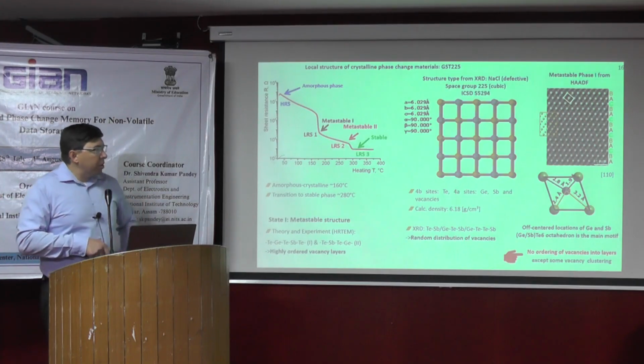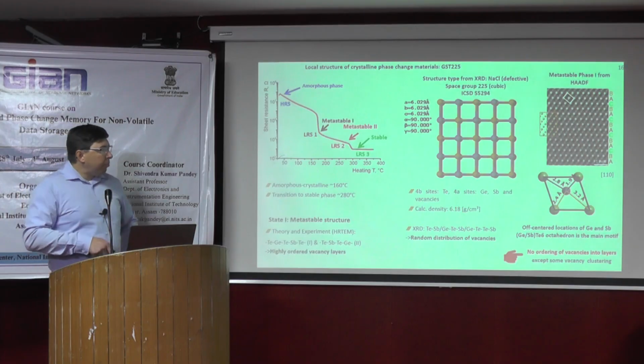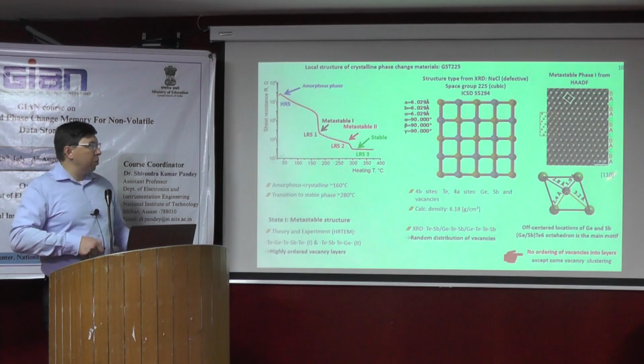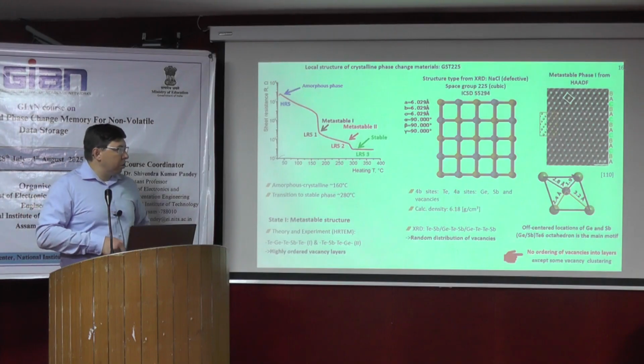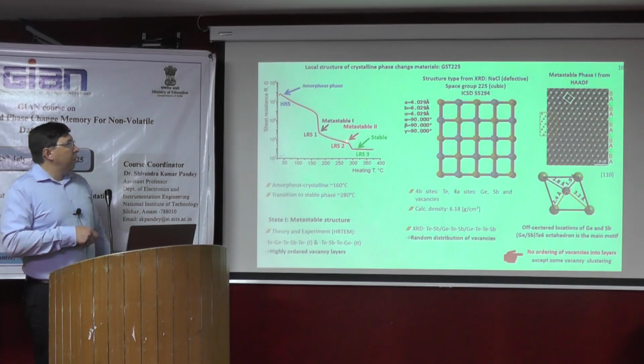So what does it mean, Peierls distortion? It means that there are different distances between the atoms, longer and shorter distances. And this brings the system to a so-called distorted state. But as I said, there is no ordering of vacancies in this system.